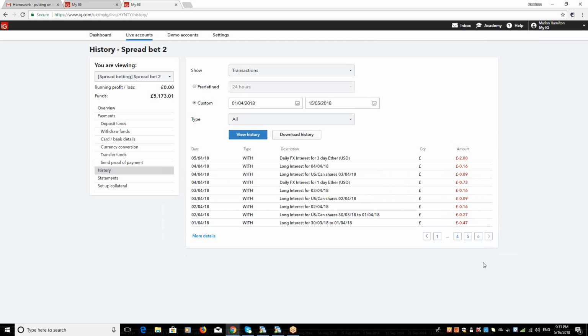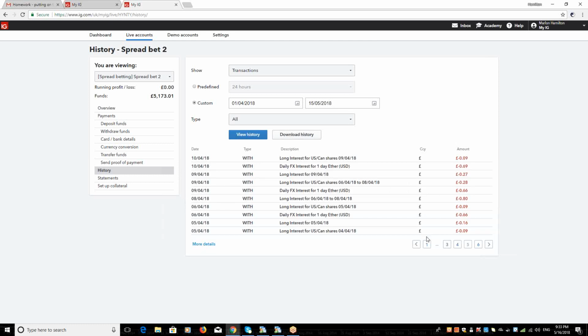If I go back and look at even this one, when I got out of this trade it was like five something. It went up to nearly 800.